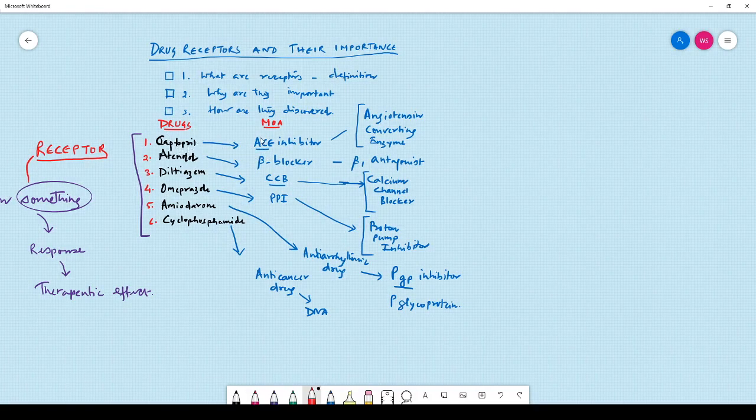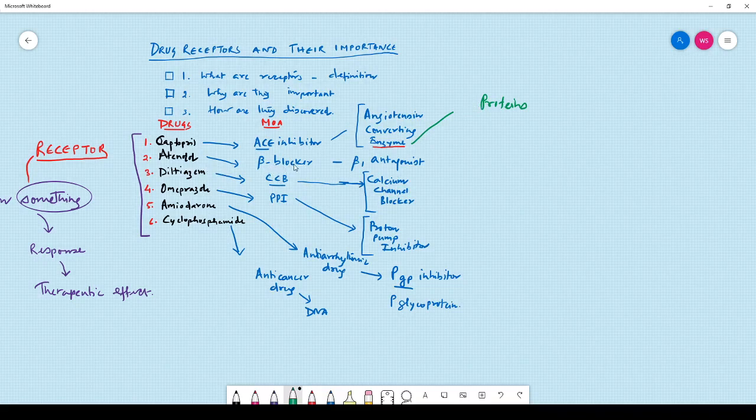So captopril is an ACE inhibitor. We said ACE refers to angiotensin converting enzyme. Now all enzymes are proteins. So captopril acts on a protein.